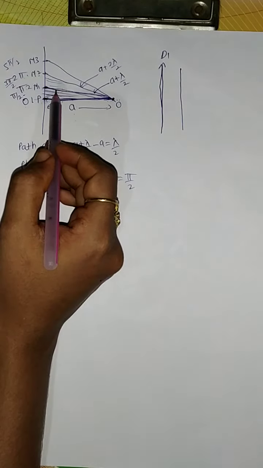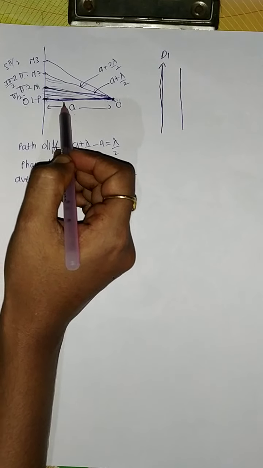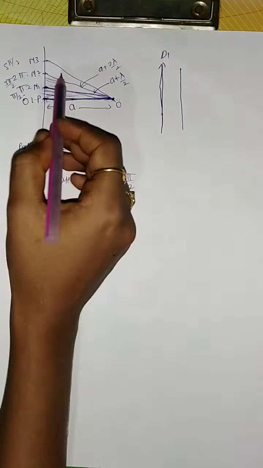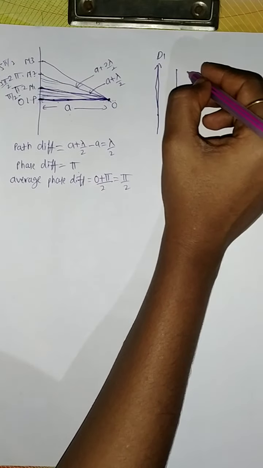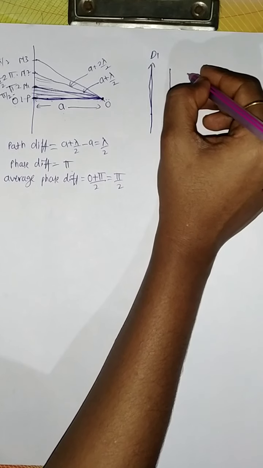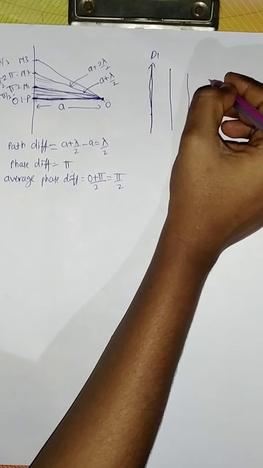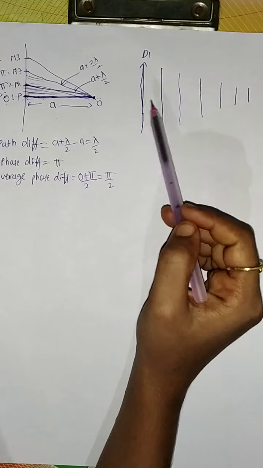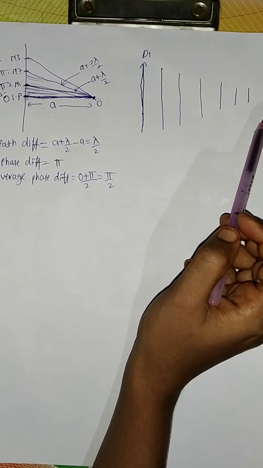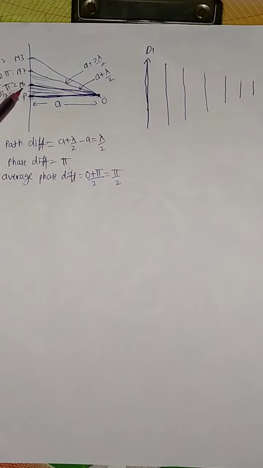The second ray is giving a lesser value than the first one, so I drew a smaller line compared to the first line. Again, if you go for the third, fourth, fifth, what about the amplitude? Of course it will go on decreasing, so the line value goes on decreasing. So I showed a line value like this. I hope you understood why the length of the line goes on decreasing, because the distance of these zones from O goes on increasing.